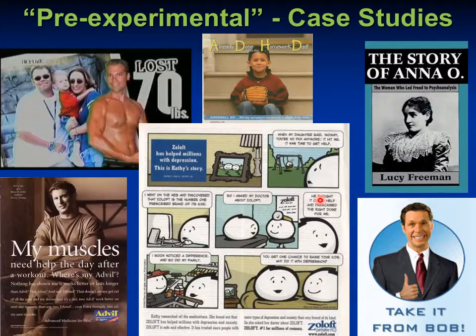Kathy here, the depressed woman who's cured by Zoloft, an antidepressant in the selective serotonin reuptake inhibitor class. Another really interesting example, controversial to some: many randomized controlled trials show that antidepressants in most people don't work better than a placebo. And finally, over here, we see former NFL quarterback Steve Young extolling the virtues of Advil.